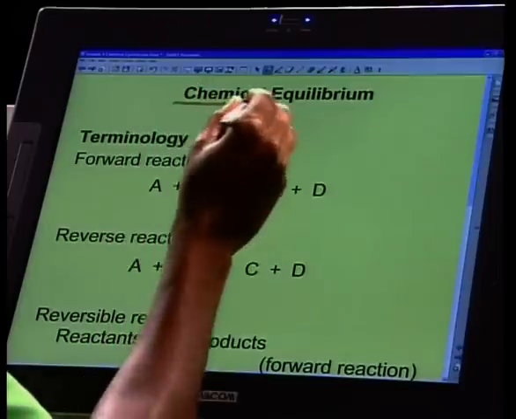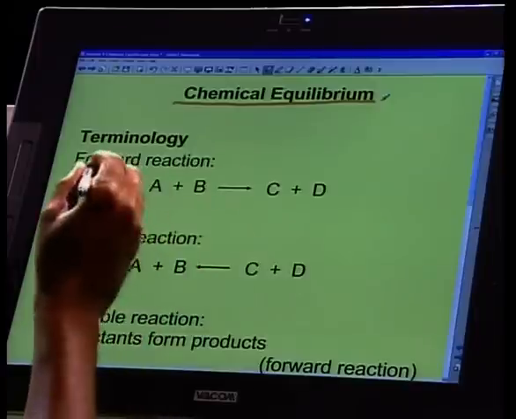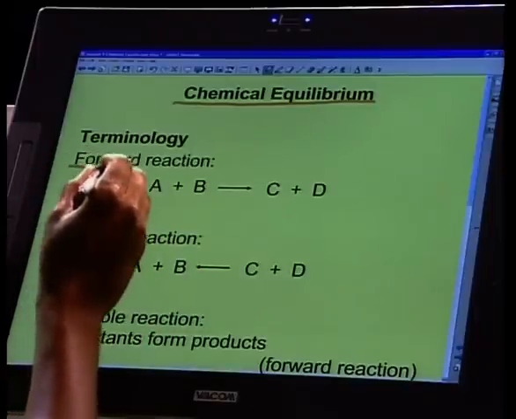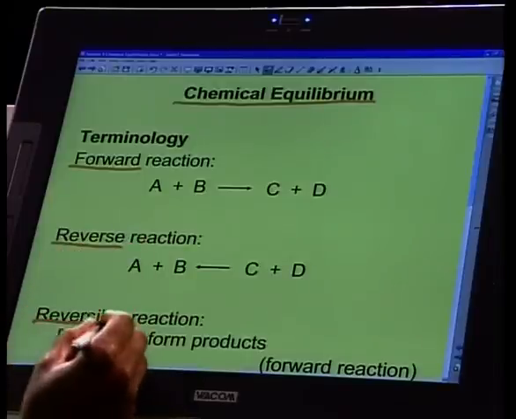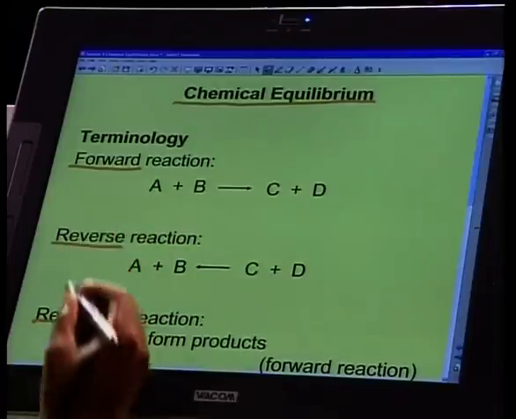Let's start now. In chemical equilibrium, we talk a lot about things like forward reaction, reverse reaction, reversible reaction. Now, what are these things?